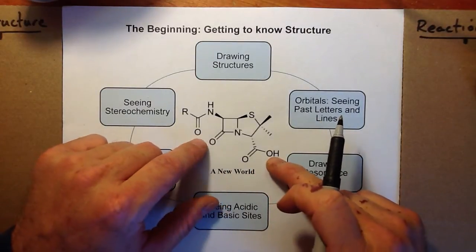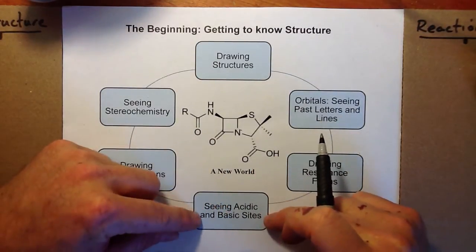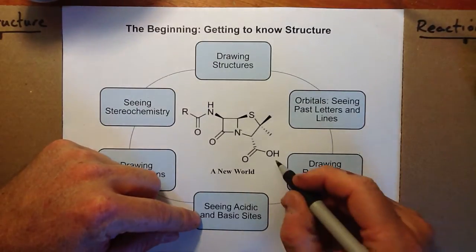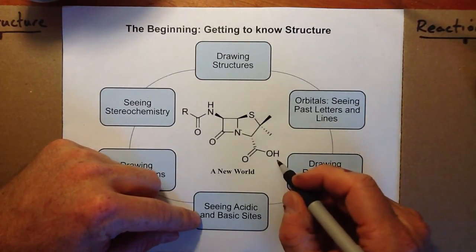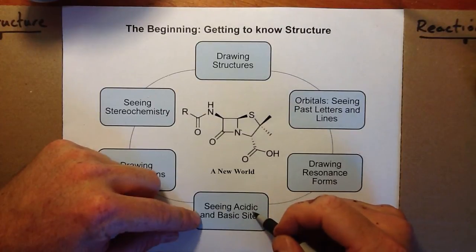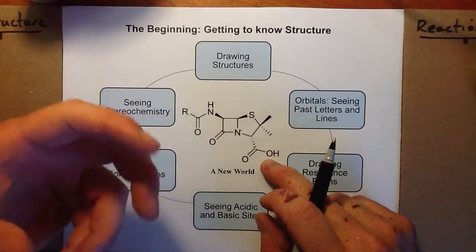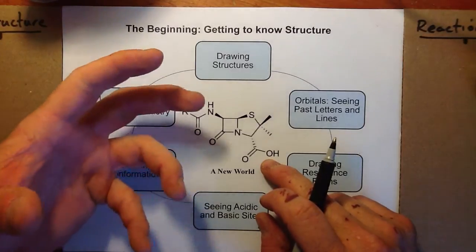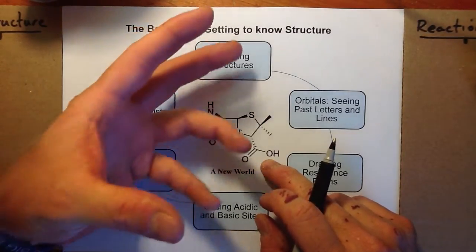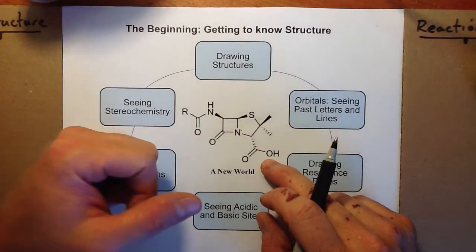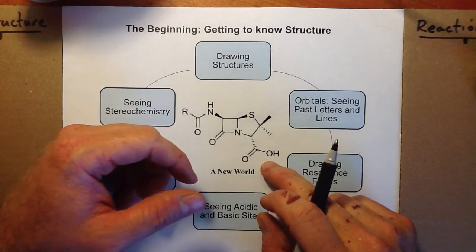To find partial charges, and that leads right into understanding where you would have protons. This is a proton that would be most acidic. They would be bonded to atoms that have a partial positive charge, something that's going to be deficient in electron density, so it'll draw electron density towards itself if it's partially positive.